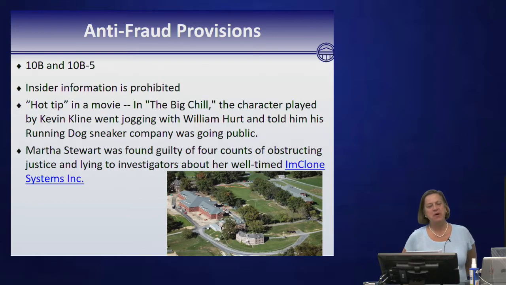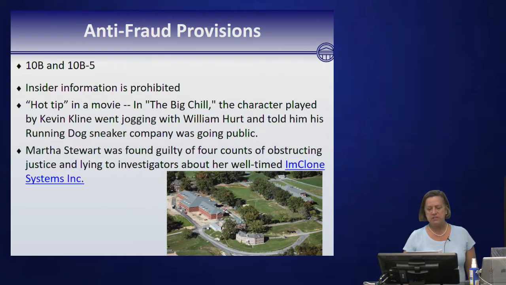So although she was not in prison for inside information, this was the investigation that she was found to have obstructed. She spent several months in Camp Cupcake, something you would not want to do. So you can't use inside information to trade stock. So you wouldn't be able to use a hot tip to trade a stock.